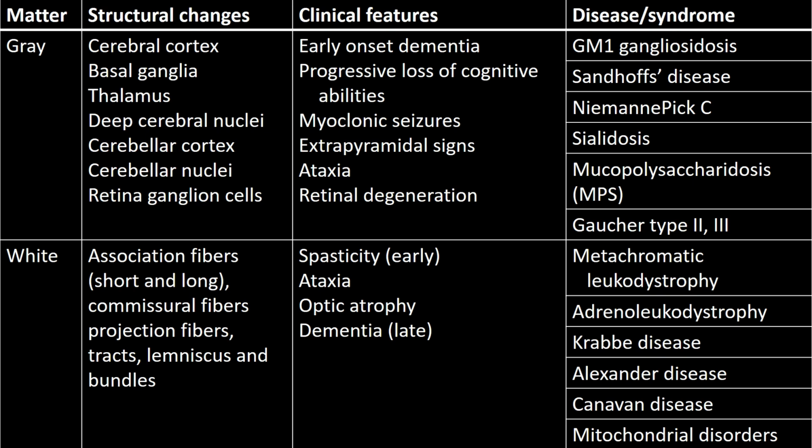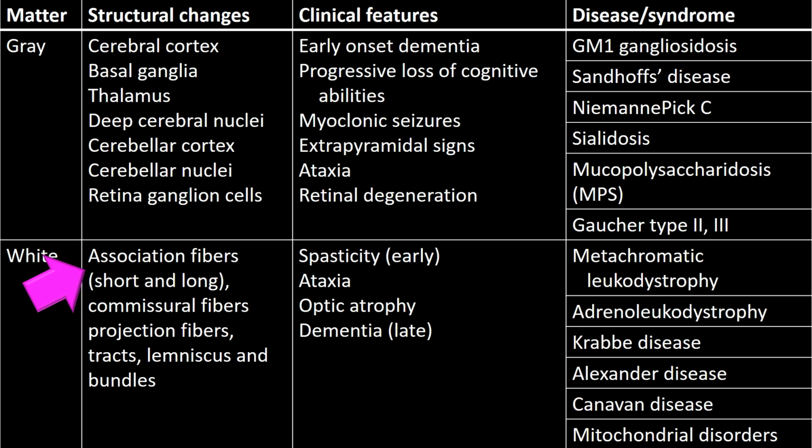This table summarizes the point we have just made. The upper row is for gray matter disease. Here are the structures involved that I previously mentioned. Here, the clinical findings we spoke of a few minutes ago. And here, the diseases that we encounter with gray matter degenerative disorders.